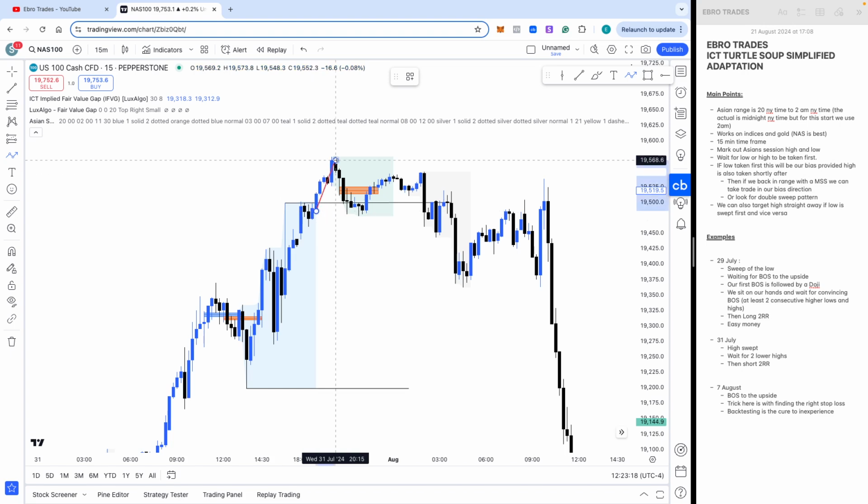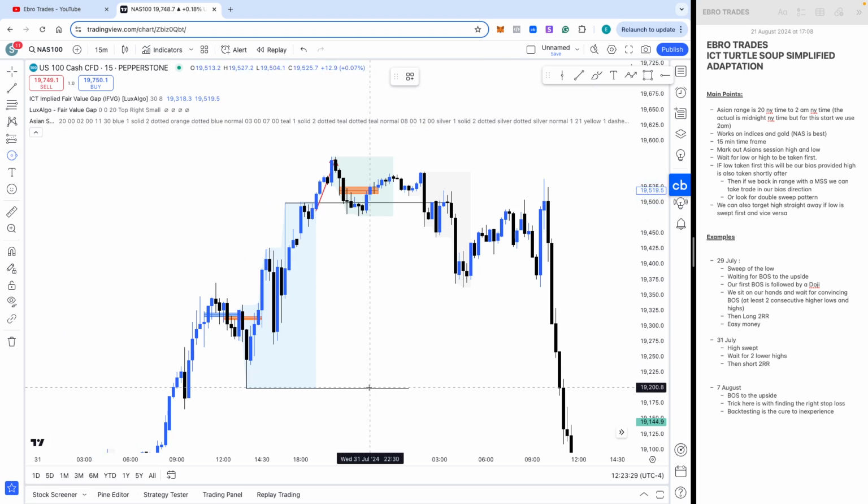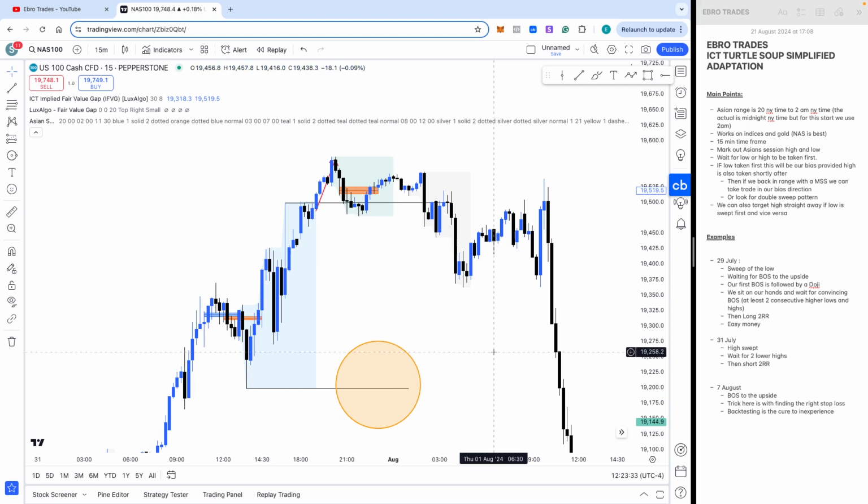Now, what am I waiting for? I am waiting for a confluence that would allow me to go short. I am now targeting this region. I'm targeting this liquidity over here. So how am I doing that?